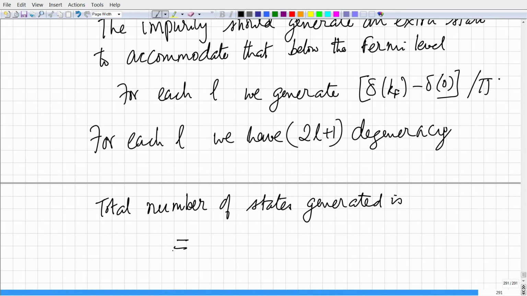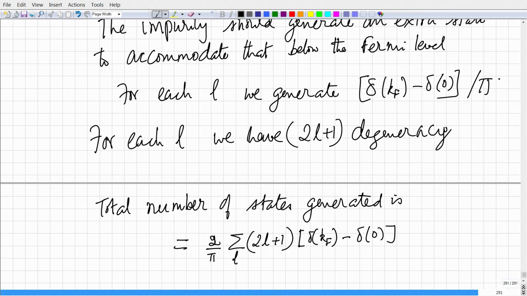Having given that, what we have is the total number of states generated is equal to sigma over L, 2L plus 1 times delta Kf minus delta 0, divided by pi, and then every state will have 2 energy levels.